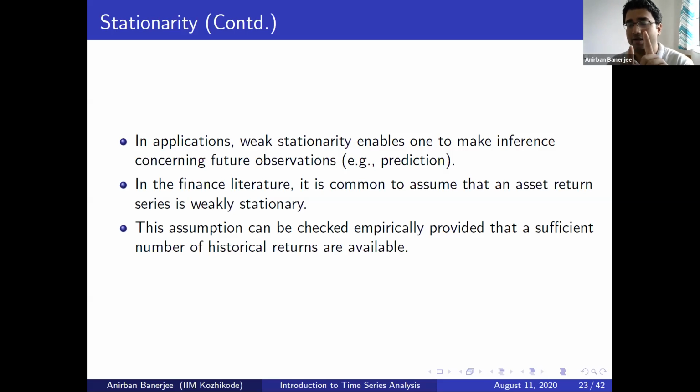So basically the return series and the 3-month lag return series. The covariance between these two series, whether it is computed based on the 1960s or 1990s or now, if that is just a function of the difference, so 3 months, then it should be stationary. If not, then it's non-stationary.